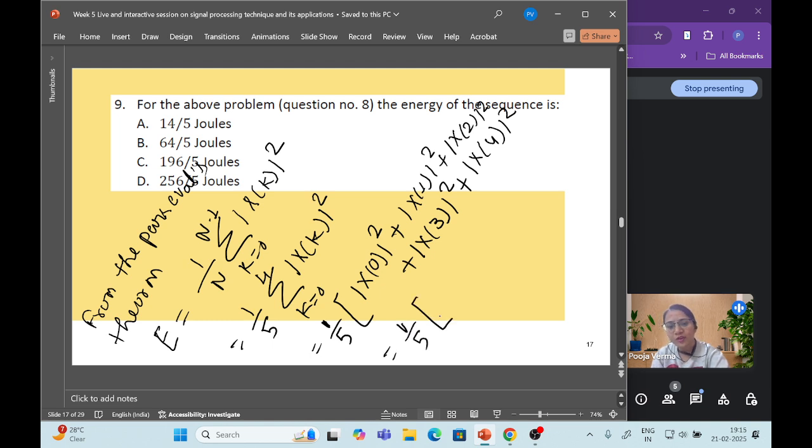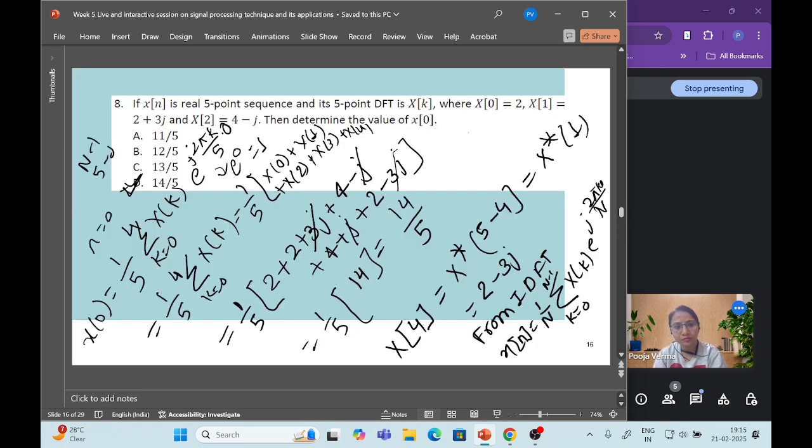Now put all these values. What is the value of x of 0? That is 2, right? So 2 square is equal to 4, plus what is the value of x of 1? No, it is 2 plus 3j.